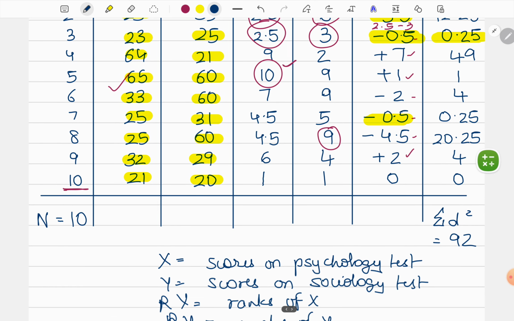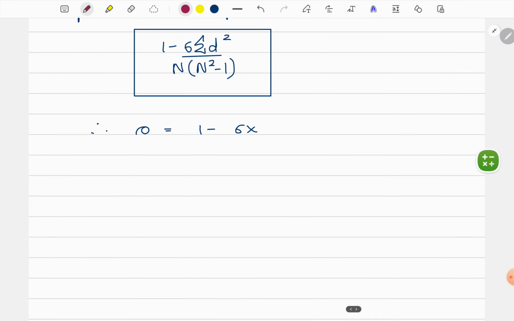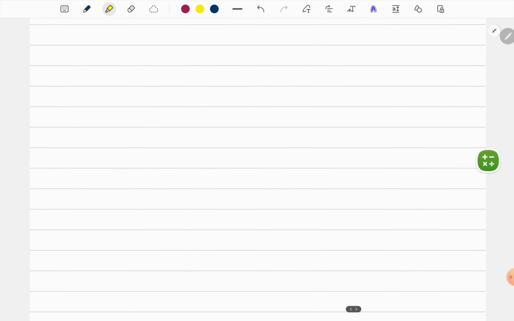Just see your table, in the end there you will find you have calculated sum of d squared. That value only you are required to substitute in the numerator. So 1 minus 6 into 92 divided by, in the denominator we can see n. Again on the table we have noted n. N we have noted as 10. So we have to take 10 in the denominator.